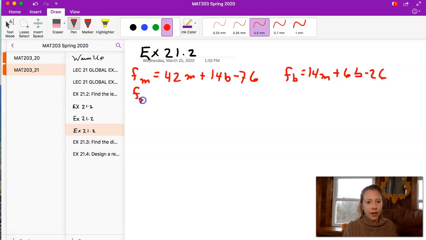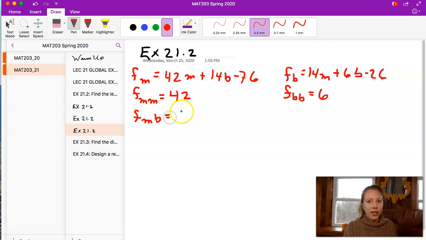So second order partial with respect to m is going to be 42. And second order with respect to b is going to be 6. And the mixed is going to be 14. Okay, so then we have to calculate D at our critical point, which was 23 over 14 and a half.